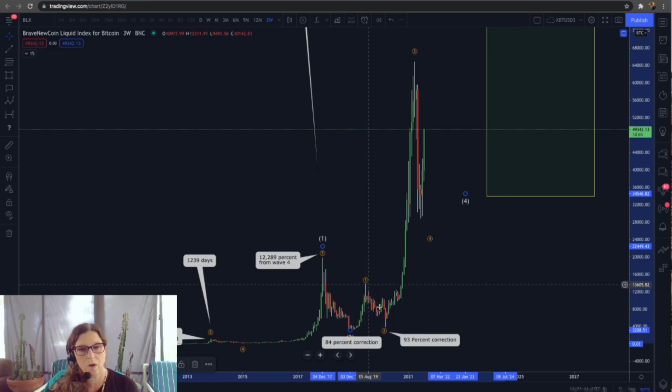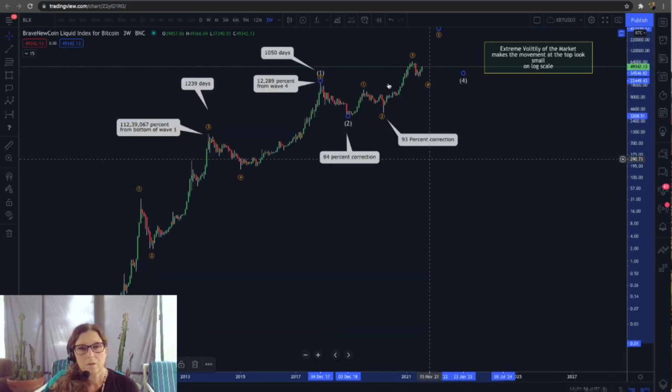This looks like a 1, a 2, and this is pretty obvious of how big this wave actually was. So it looks small here, but this one wave is bigger than all of this combined.